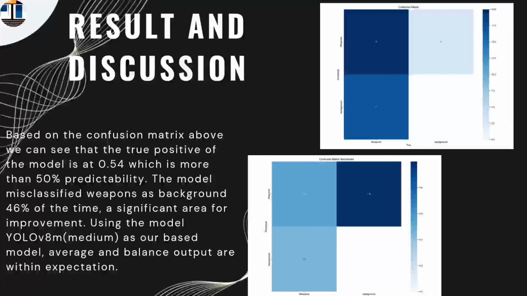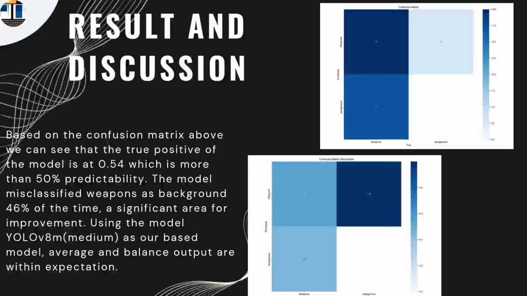So, results and discussion. Let's discuss the confusion matrix first. After we have done the training, the system automatically created these two images of the confusion matrices for us. The one on the right side is the normal one, and on the left side is after normalization happened.